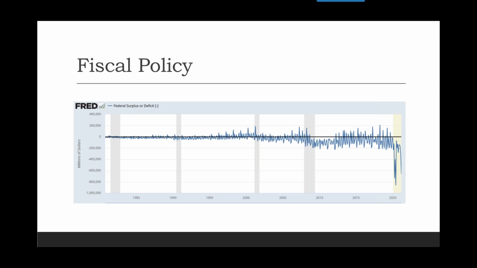Then we started to get some surpluses in the 2010s. But look at what happened when COVID hit. A year ago, the federal deficit plunged to, that's 800,000 per month, okay? But it was basically trillions of dollars. On the far right-hand side of the chart, you can see that it's plunging again.